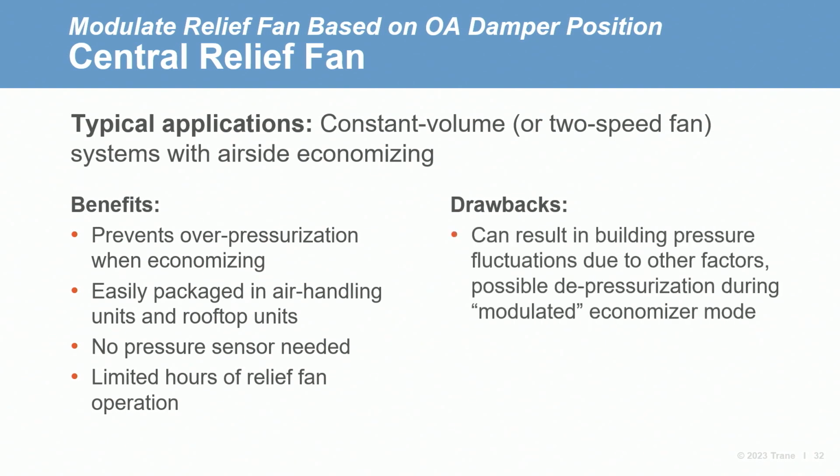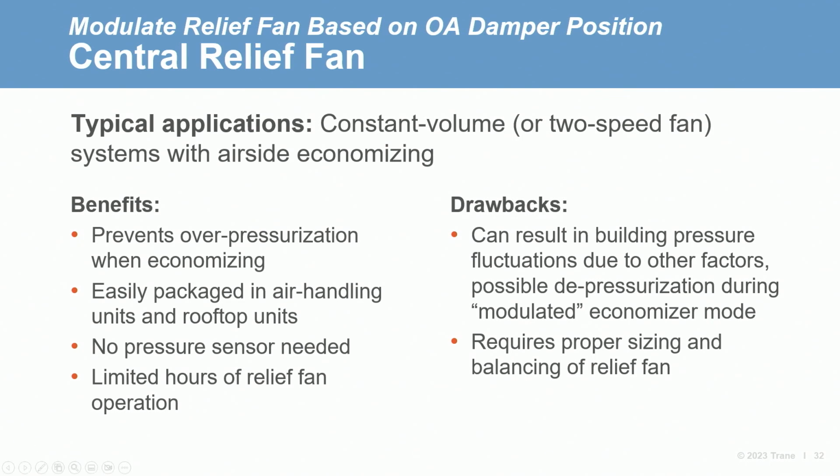However, on-off control of a constant speed relief fan means that the building will likely experience some fluctuations in pressure due to the other factors I explained, and may even experience negative pressure during some parts of modulated economizer operation. So, proper sizing and air balancing of this relief fan are critical to avoid too positive or too negative building pressure.